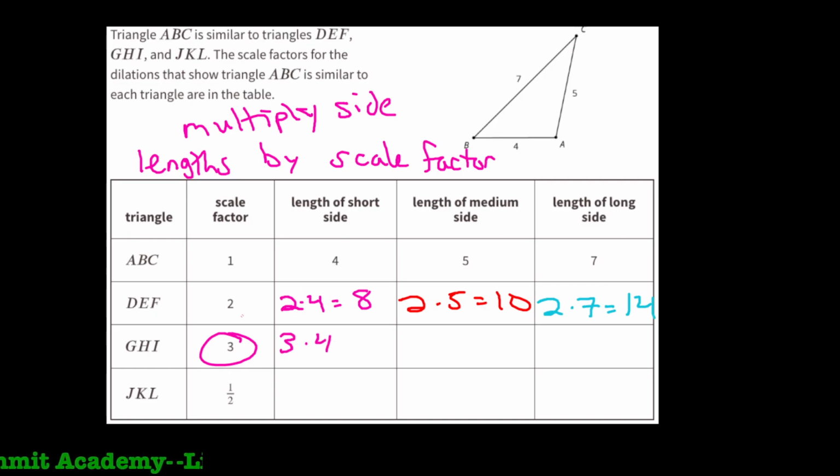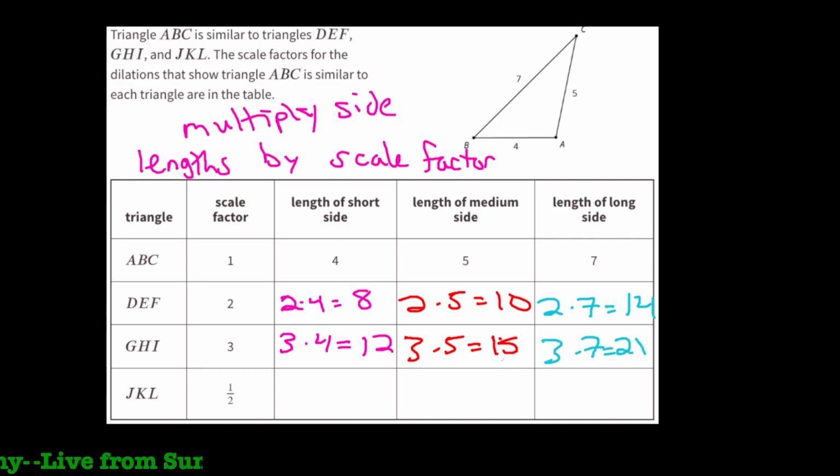There we go. So 3 times 4 is 12. Then 3 times 5 is 15. And 3 times 7 is 21. So you're just multiplying the scale factor times each of the side lengths to get your new side lengths.